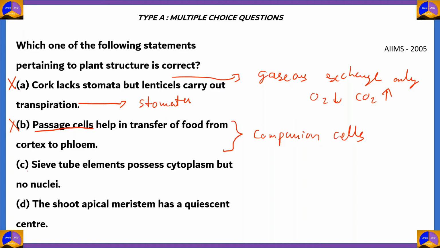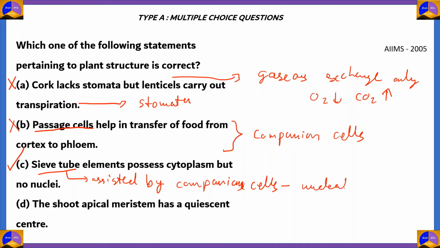Let's look at our next option, option C. Sieve tube elements possess cytoplasm but no nuclei. This is correct. Sieve tubes are assisted by companion cells, which are nucleated. Therefore, sieve tubes contain no nuclei but have a cytoplasm.